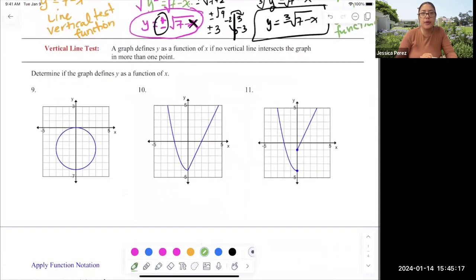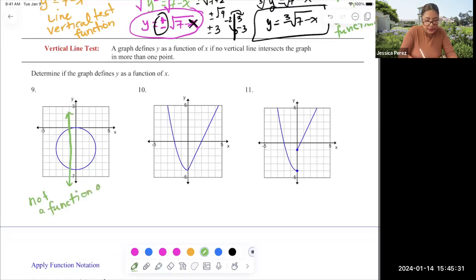A graph defines a function of x if no vertical line intersects the graph more than once. So here, this one, a circle, is not a function of x because it fails the vertical line test. So VLT, the vertical line test, it fails the vertical line test.